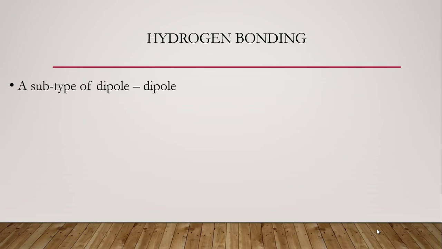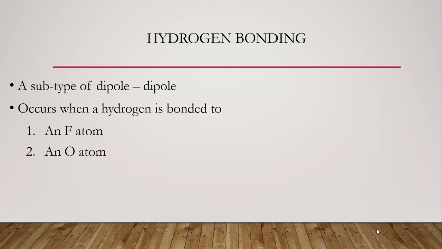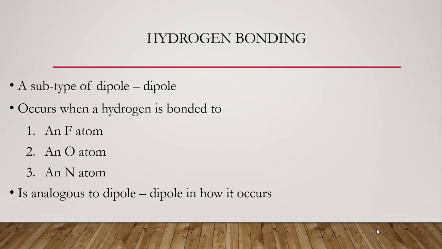Now, hydrogen bonding is a subcategory of dipole-dipole bonding. It's very specific. You can have hydrogen bonding when hydrogen is bonded to a fluorine atom, an oxygen atom, or a nitrogen atom. Those are the only three where hydrogen bonding will take place. It is analogous to dipole-dipole in how it occurs. It's just that this is stronger than a dipole-dipole.